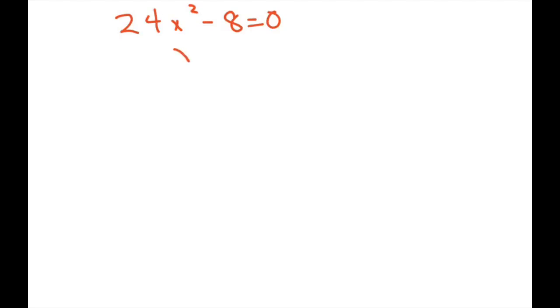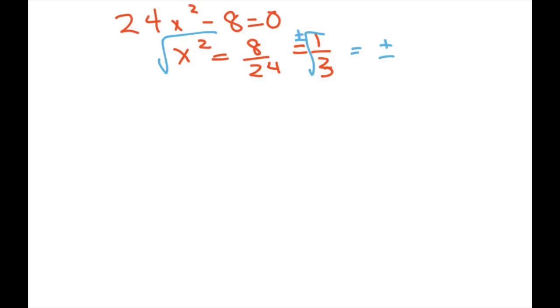So we get x squared equals 8 over 24, which equals 1/3. So when you take the square root of both sides, you get plus or minus square root of 1/3. Or you can write it plus or minus 1 over square root of 3.